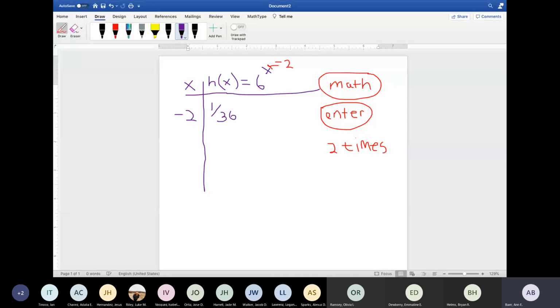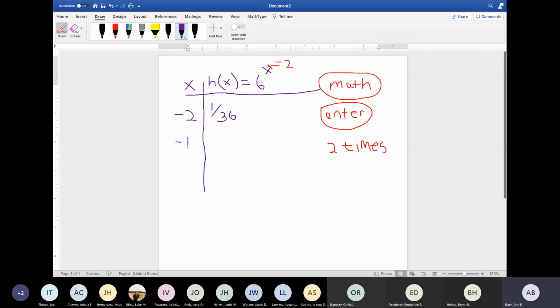Perhaps it's really hard to come up with that on your own, or maybe you can. If you know your properties of exponents, you could switch this to 1/6 squared, which is 1/36. That's another way to do it. So that's what we get for an x of -2.